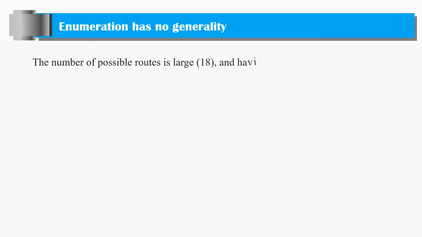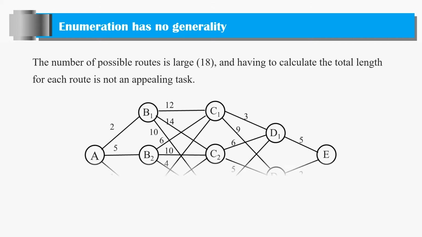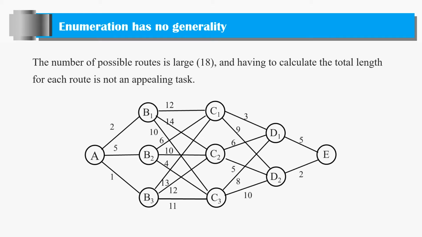We can calculate the total length for each route, and of course we can use this method to obtain the shortest one. However, the number of possible routes in this problem is 18, which is a very large number of routes. So enumeration has no generality.